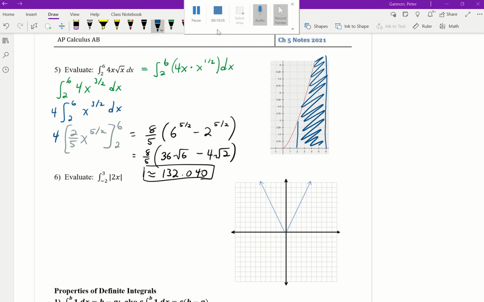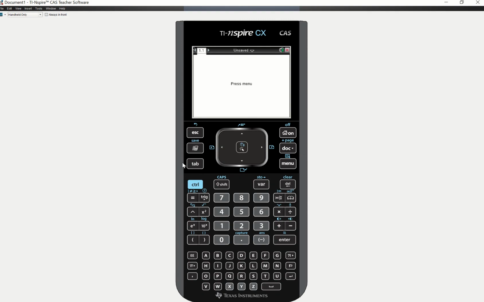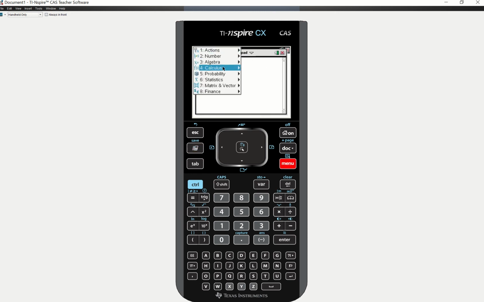Now I'm going to show you quickly how to do this problem using a calculator, because that is a tool that you guys will have available to you. So if you open up your calculator, we can go menu, as we want to make sure that we're either in the scratch pad or in a document. We go menu, calculus, and number 3 is integral. So we're going to take the integral from 2 to 6, and then we can just type in the original problem.